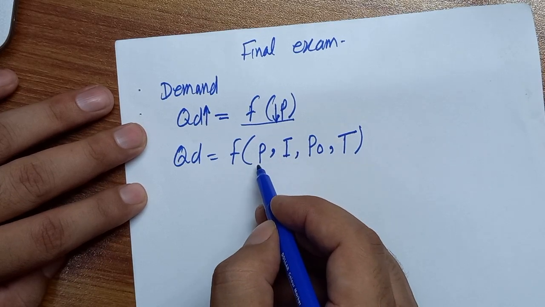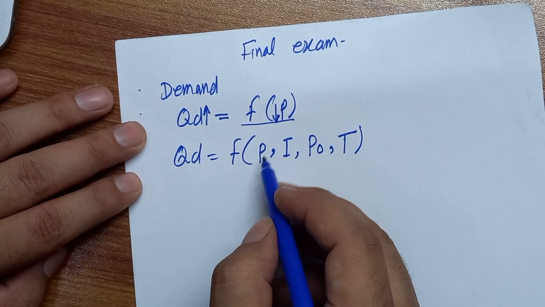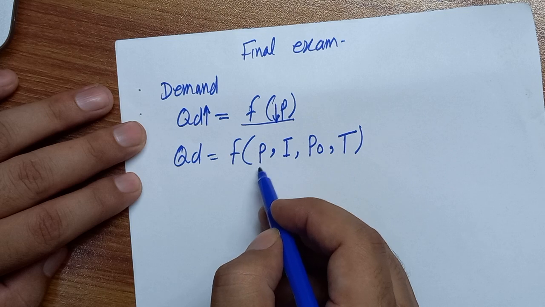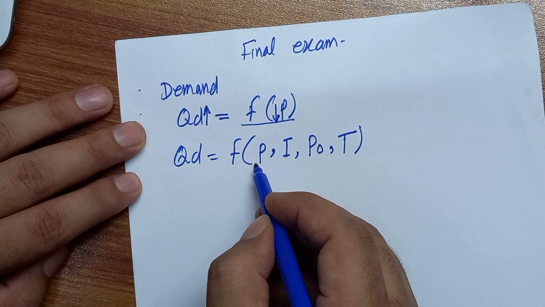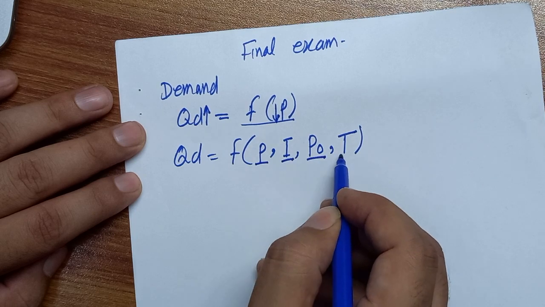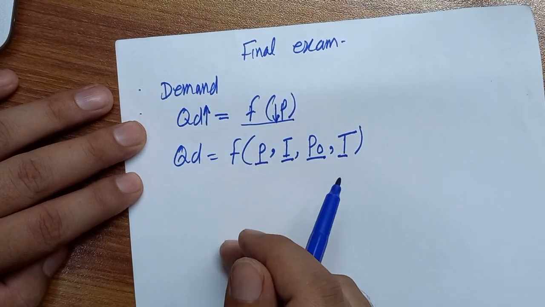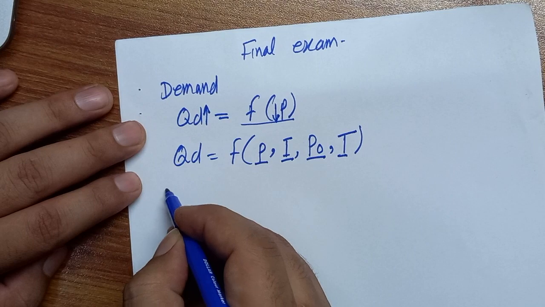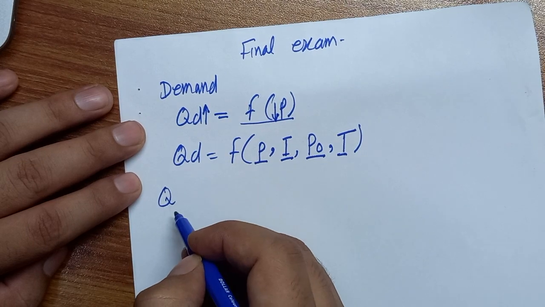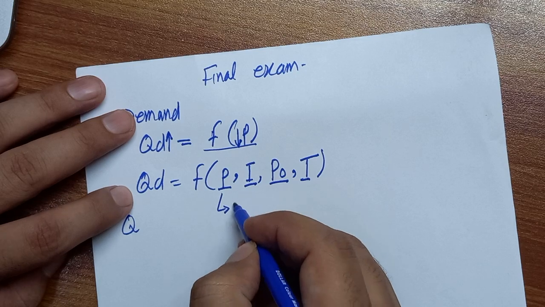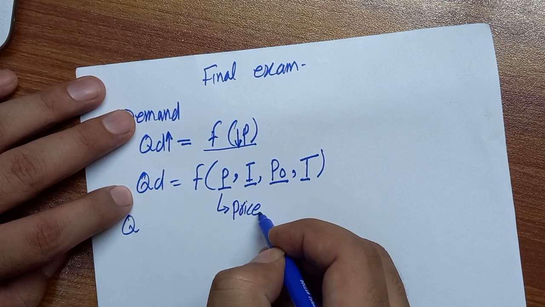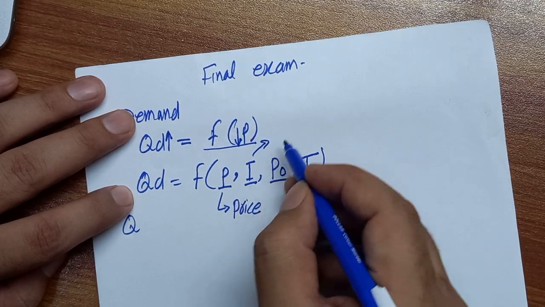Now we are using the regression analysis. For regression analysis, we identify which factor affects the quantity of demand more. I want to simplify this thing. This is the price of the good, this is the income.